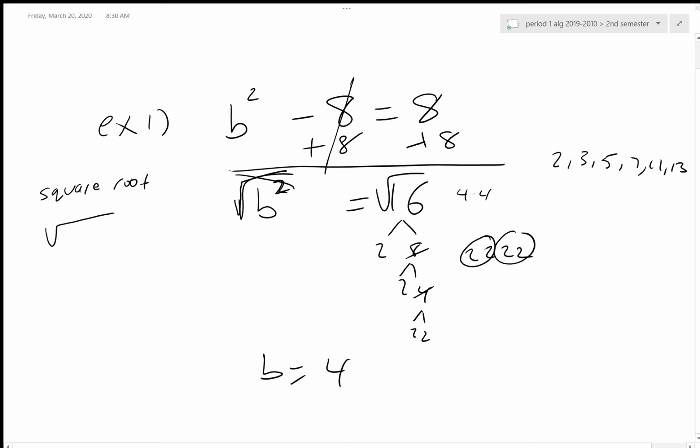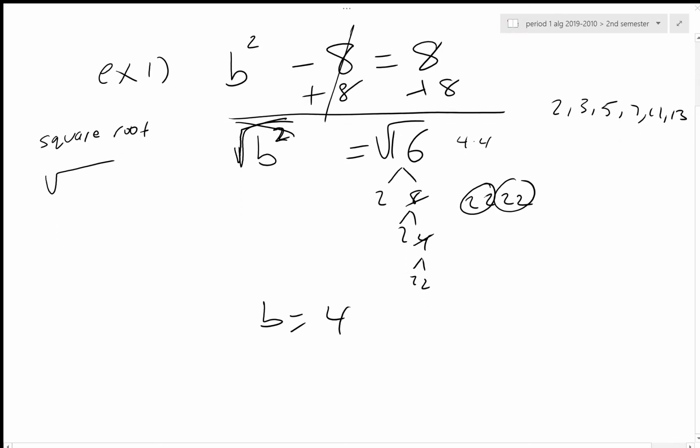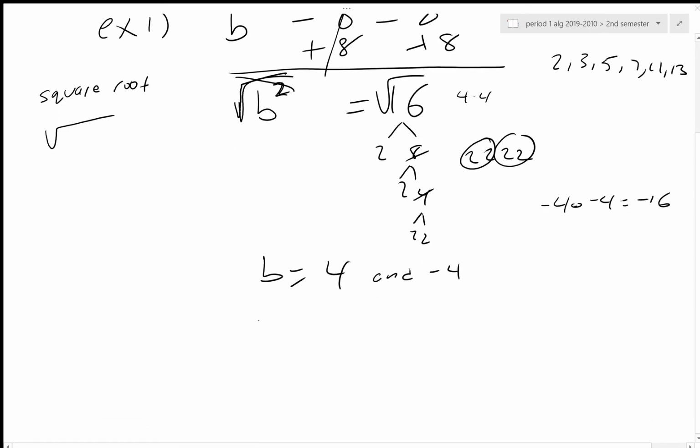Now, the algebra part of it is, well, negative 4 times negative 4 also equals 16. So then we have two answers. We have 4 and negative 4. However, most math people would write it like this: plus or minus 4.